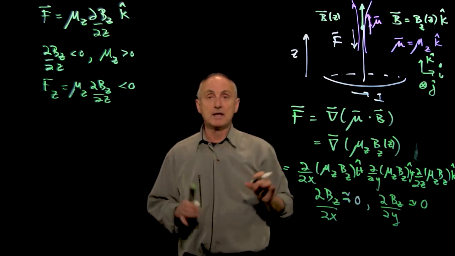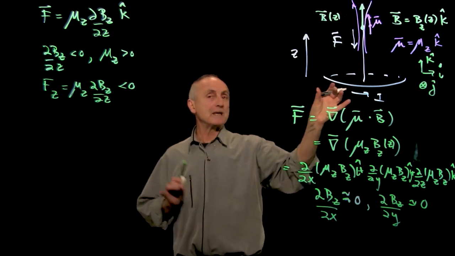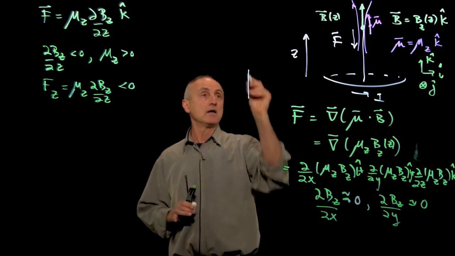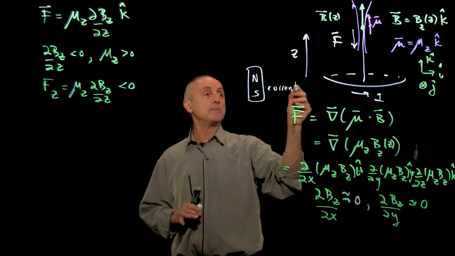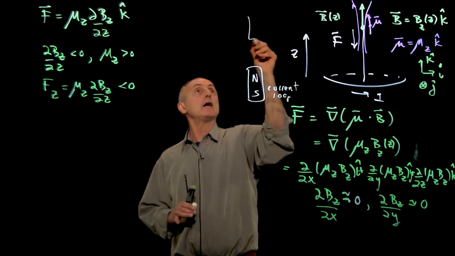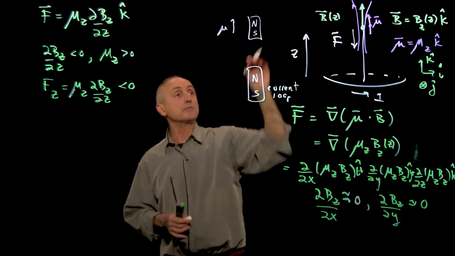attracting the dipole into a greater field strength. Now, we can make a model for this, because remember, a current loop is like a magnet. So this is the current loop, and we're just approximating it as a magnet. Our dipole itself is another north-south magnet.